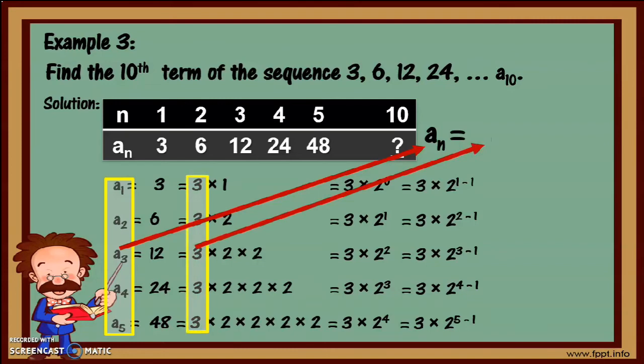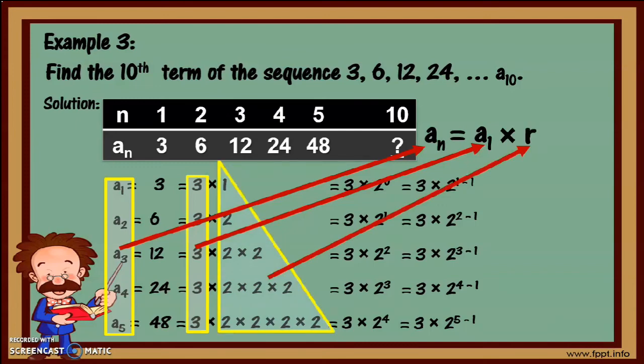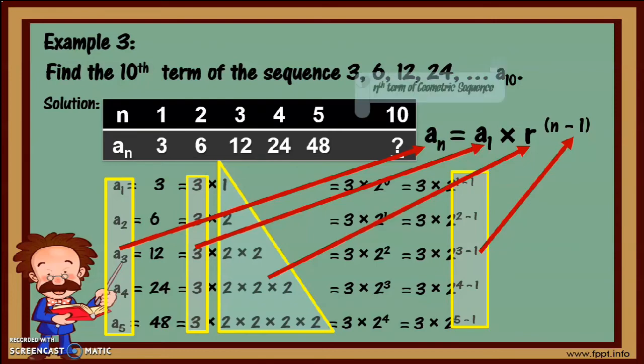Then, as you can see, the 3 is the first term, and 2 is the common ratio, while the exponent can be written as n minus 1.